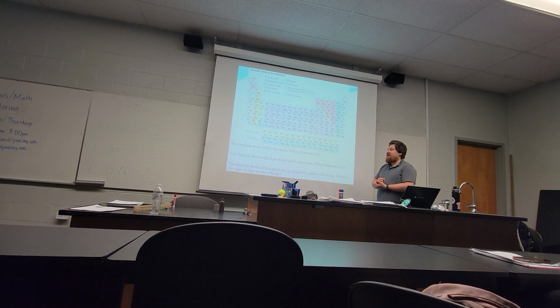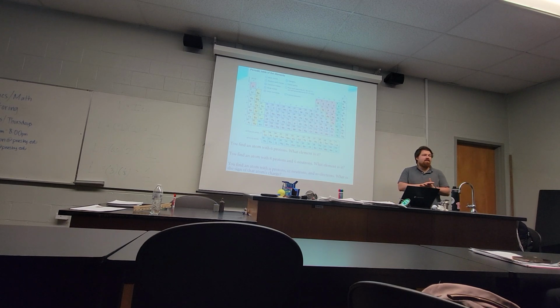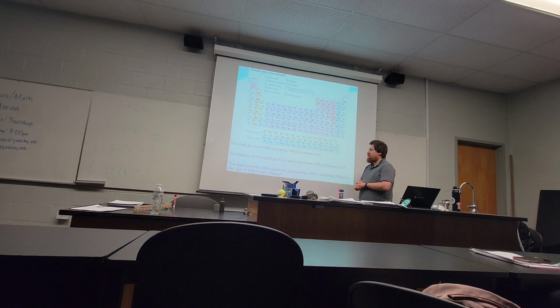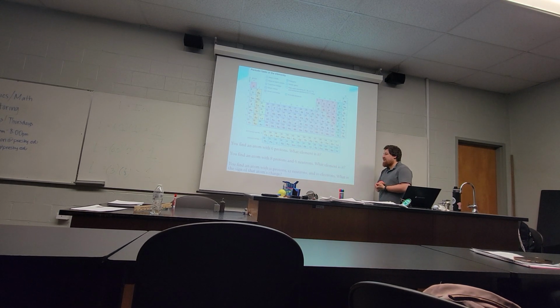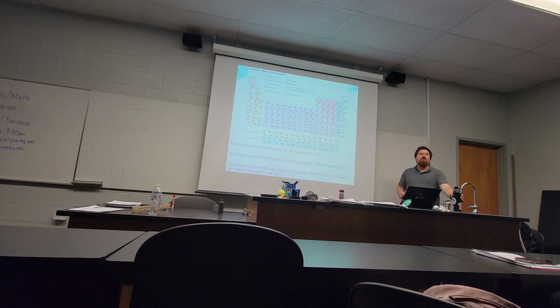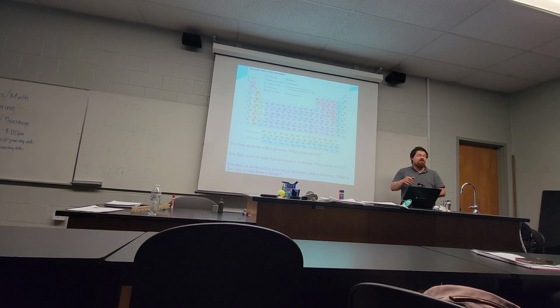You find an atom with 8 protons and 6 neutrons, what element is it? Oxygen, very good. The 6 neutrons does not determine element, only the 8 protons does. Lastly, you find an atom with 11 protons, 12 neutrons, and 10 electrons. What is the net charge, the sign of the charge of that atom?